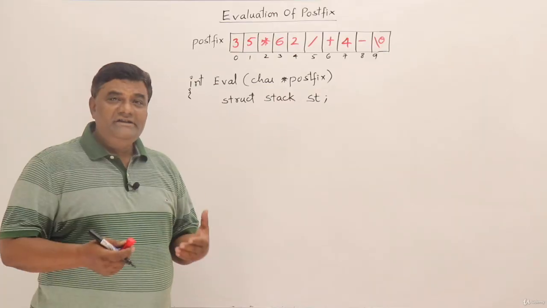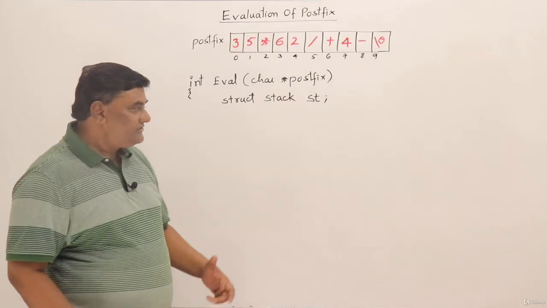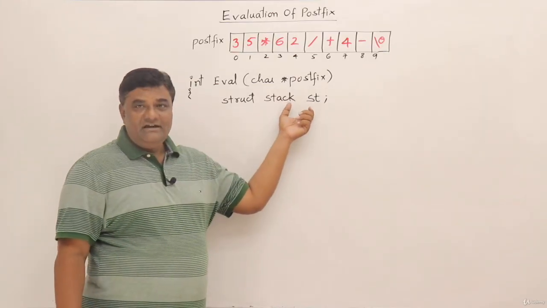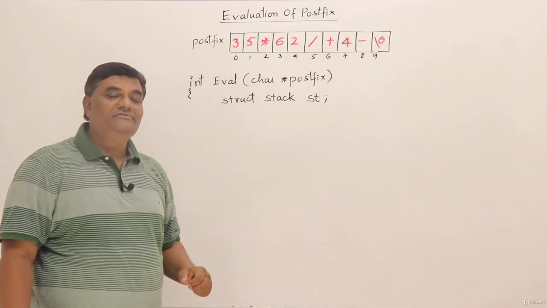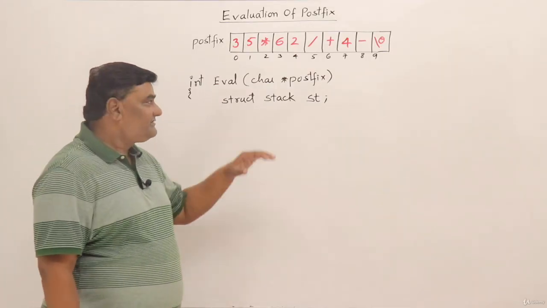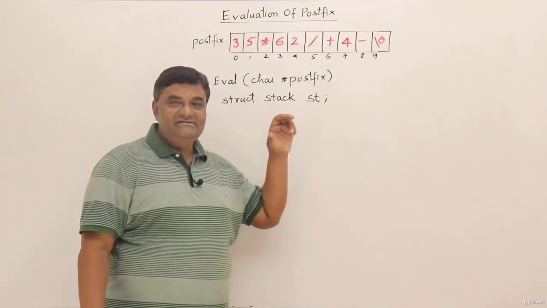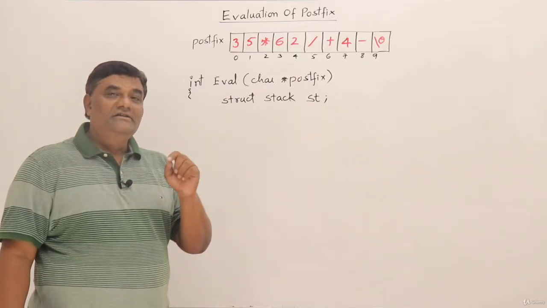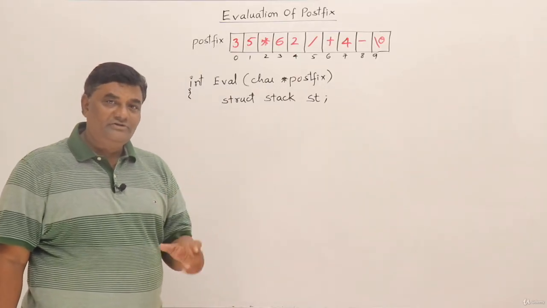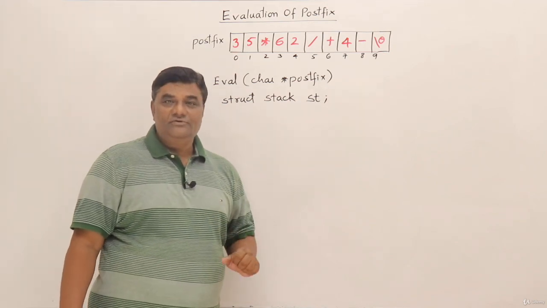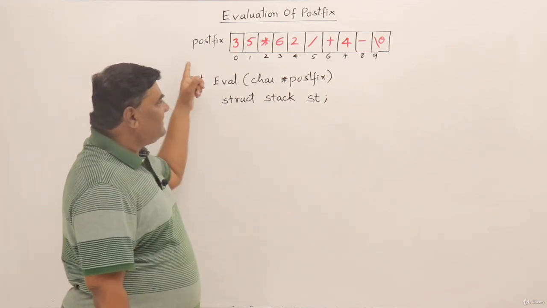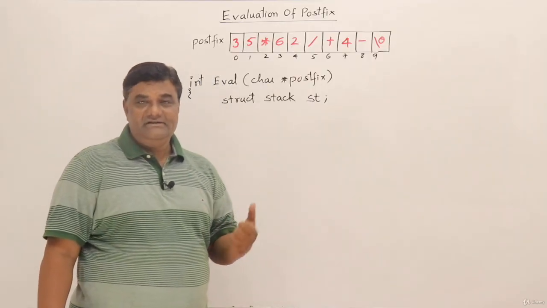Then we need a stack inside the function, so I have taken a stack here, and this stack has to be initialized. In the previous programs also we have seen we have to do that. That is, set the size, create an array of some size, and initialize the top pointer to -1. Those 3 steps we have to write down. Then next, I have to scan through this entire expression by taking one symbol at a time.